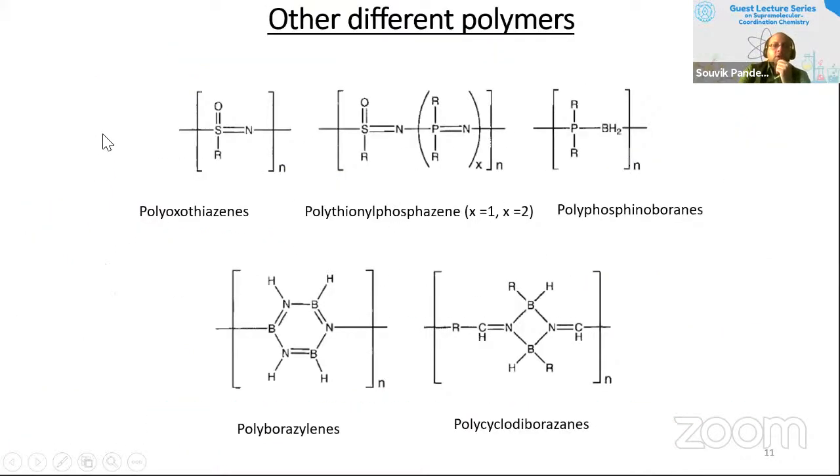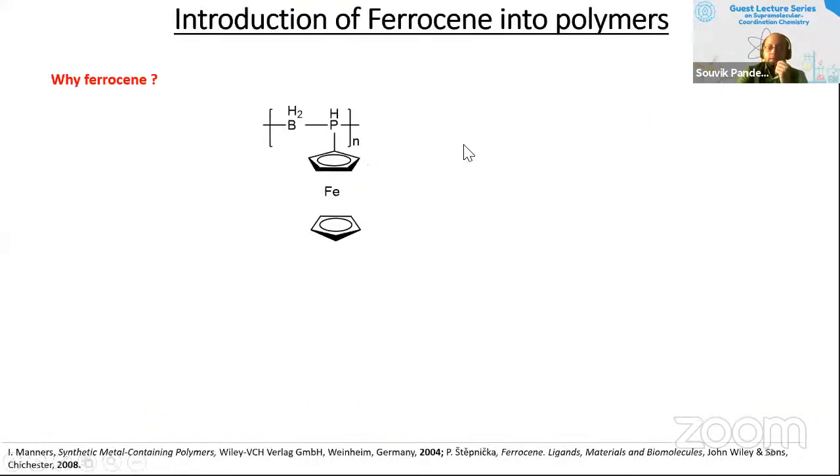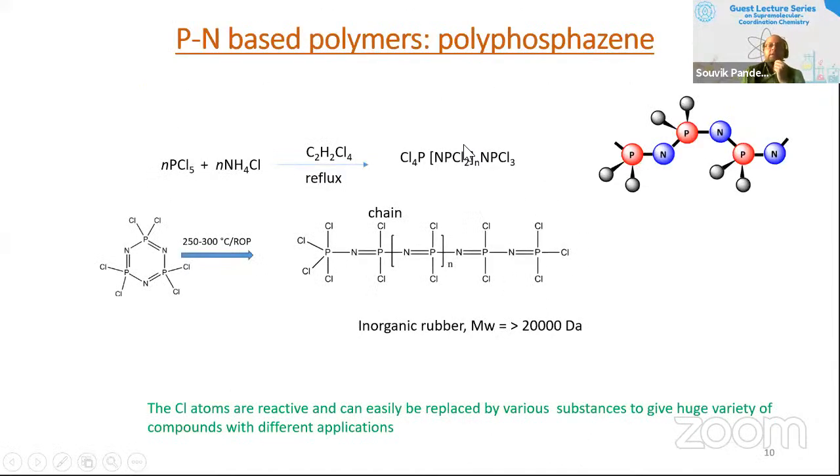One more compound that we definitely have to mention in this inorganic polymer discussion is this compound, (NPCl2)n. It is a very interesting compound and has a lot of properties, and the way of preparation is like this.